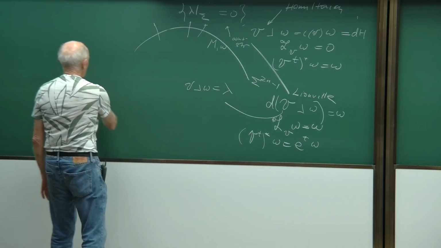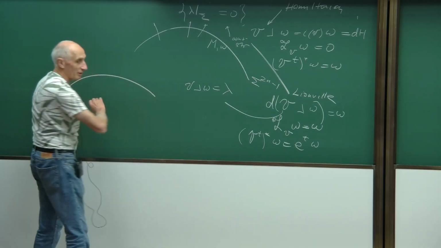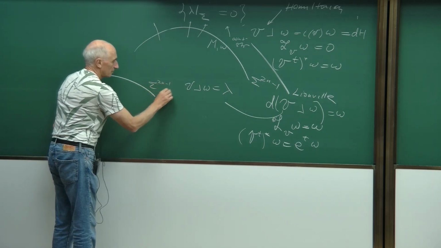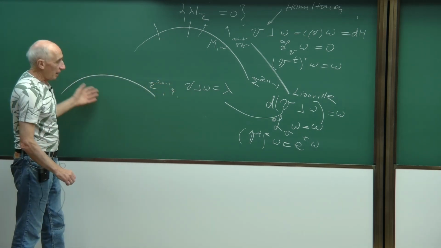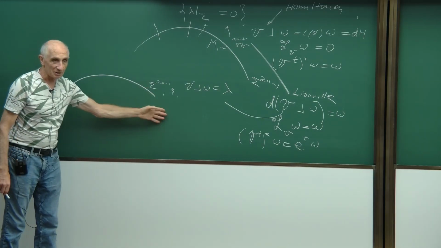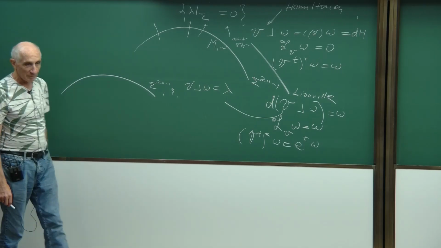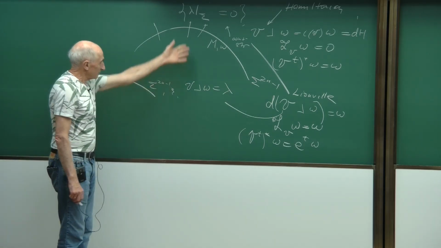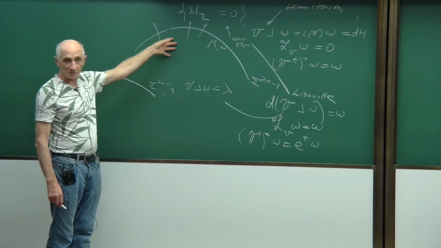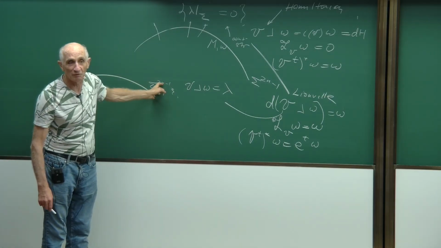So now you have, abstractly, any contact manifold. And now you would like to understand how to realize it as a hypersurface in some symplectic manifold transverse to a Liouville vector field.